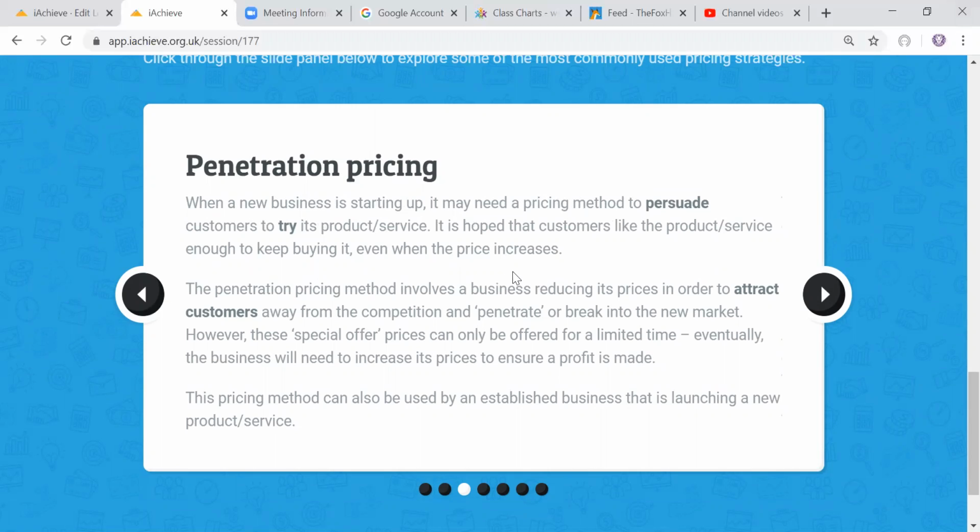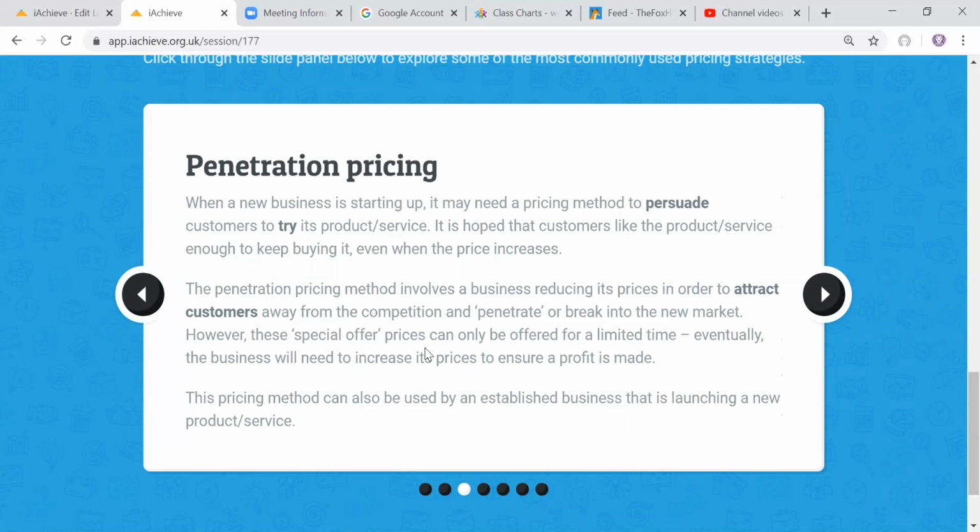It is hoped that customers like the product or service enough to keep buying even when the price increases after the penetration pricing phase. So the penetration pricing method involves a business reducing its prices in order to attract customers away from the competition and penetrate, or break into, the new market.